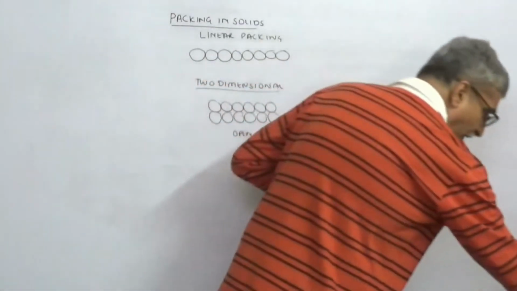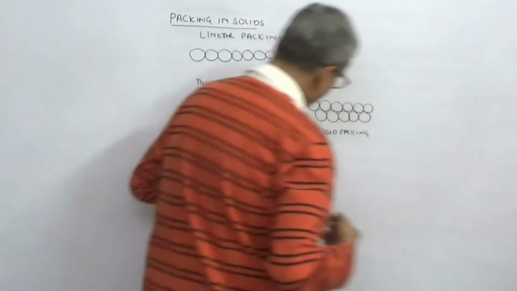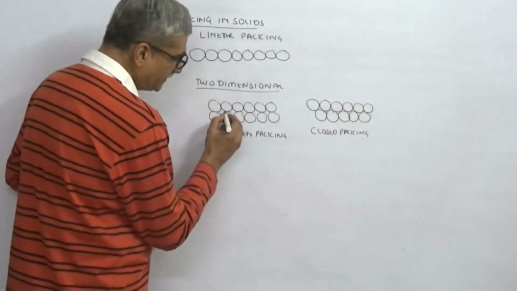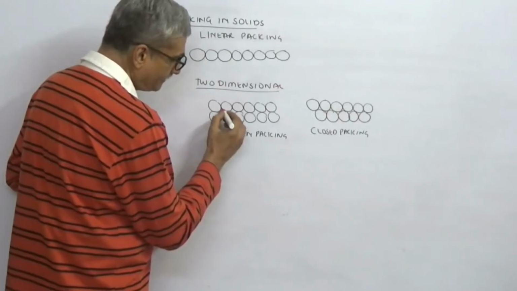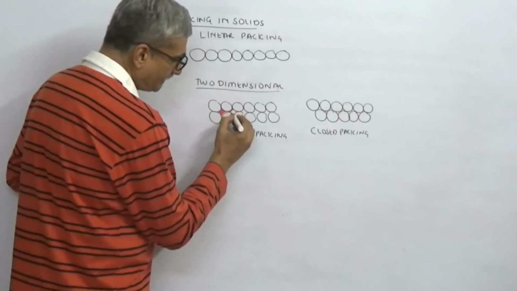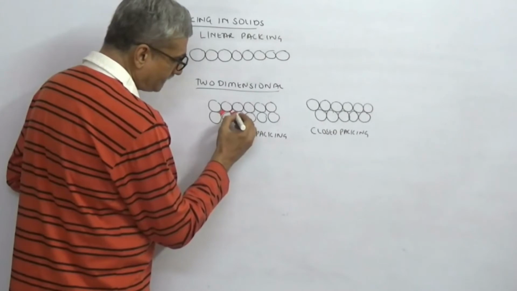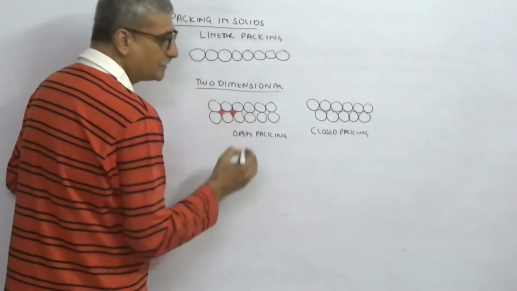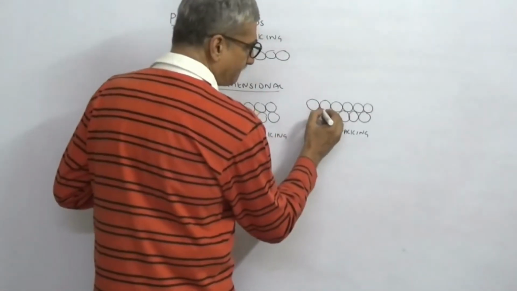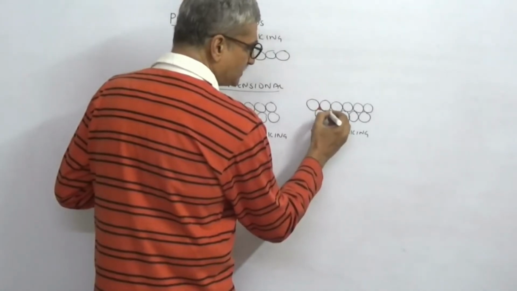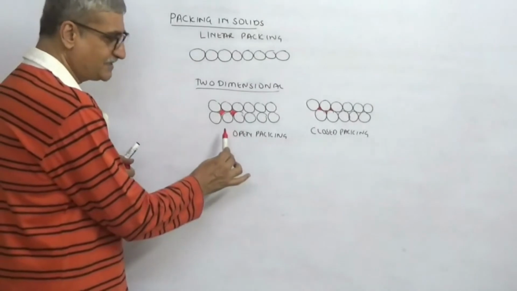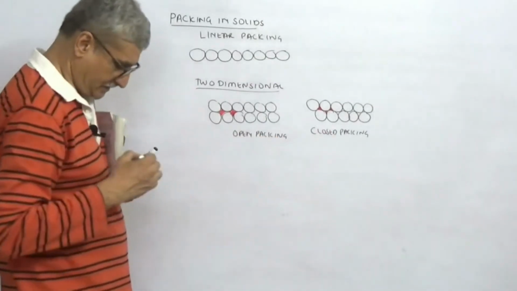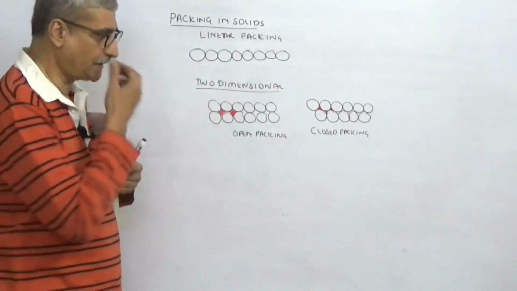The difference is the void space. You can see over here, the comparison is very clear. In this case the void space is more, and in this case the void space is less.